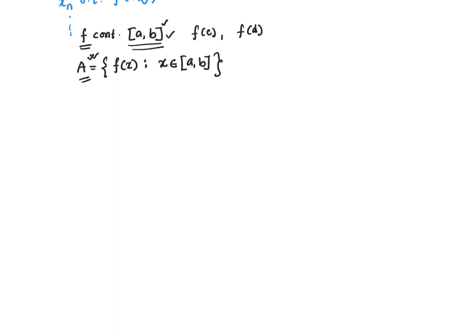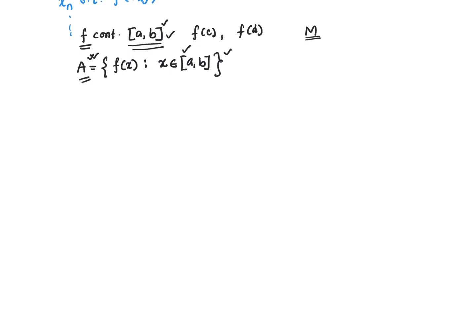Let's start with the upper bound. A has an upper bound, and of course A will have a lower bound as well because it's bounded. If we can show it in one direction, the other direction can be shown similarly. So A is bounded above by some number, let's call it M, so all the elements in here are less than or equal to M. If it is bounded above, here I have to use another theorem.